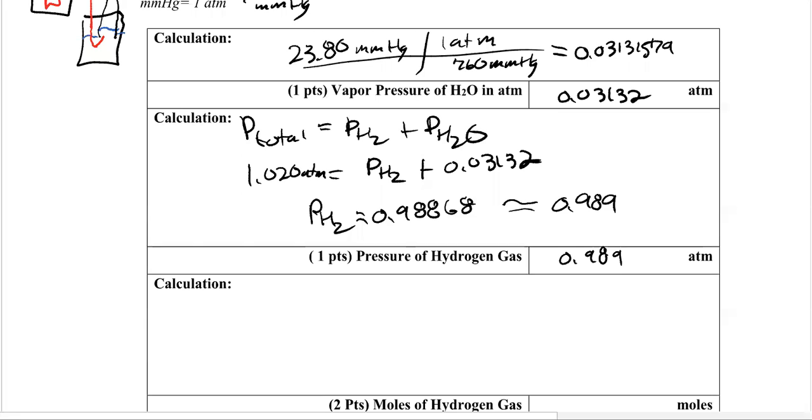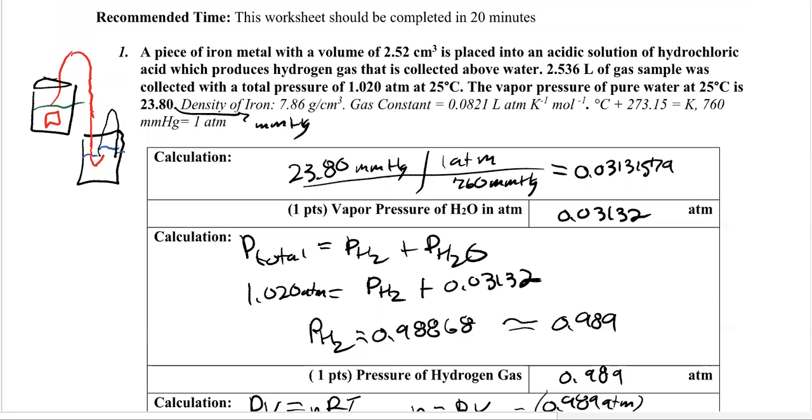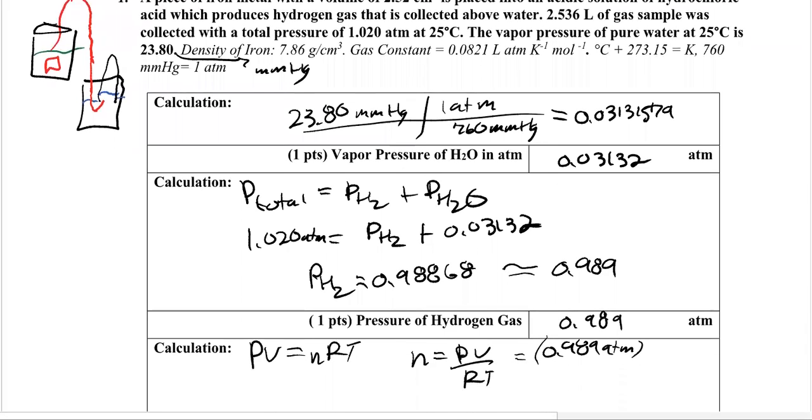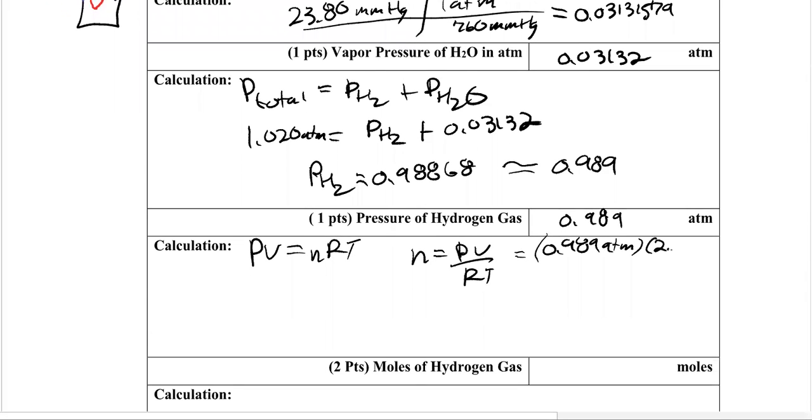So we need to figure out the moles of it. We have one scenario, so we can use PV equals nRT. We want to find moles, so n is equal to PV over RT. Our pressure is 0.989 ATM. Our volume, going back up, is 2.536 liters.